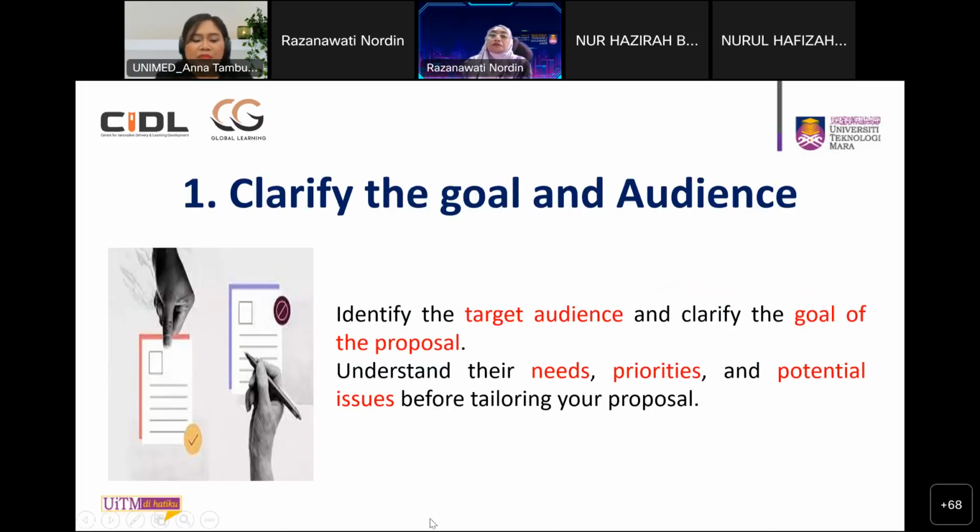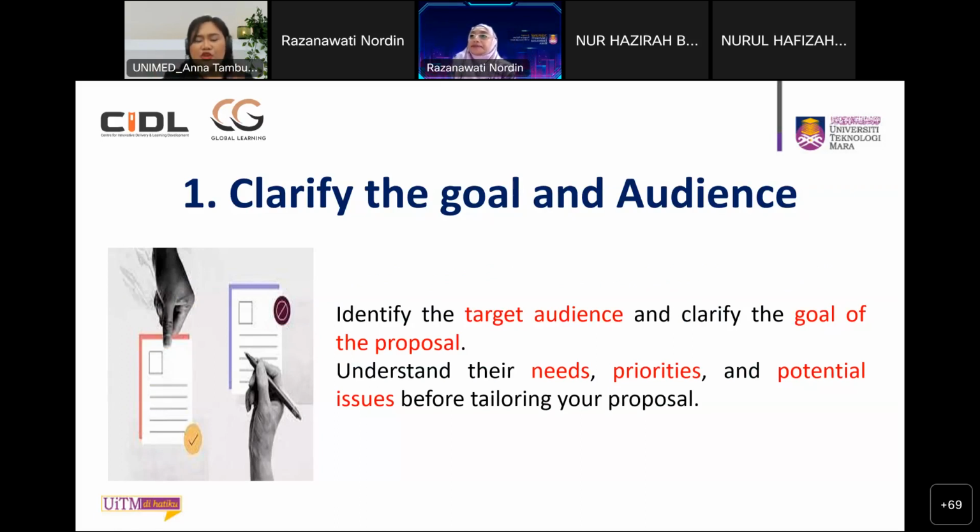Now, the first one, clarify your goal and audience. You should clarify the goal and the audience. Clarify the purpose of your proposal and identify the target audience. Understand their needs, priorities, and potential concerns to tailor your proposal accordingly.